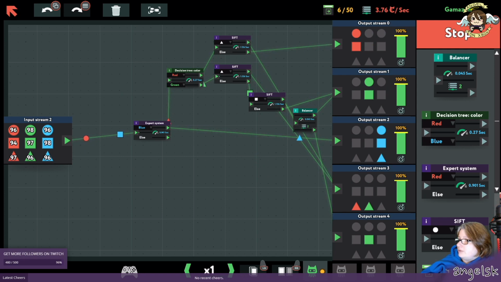So we've got probably foresty stuff in here we could use instead of sift. Okay, that's accurate.